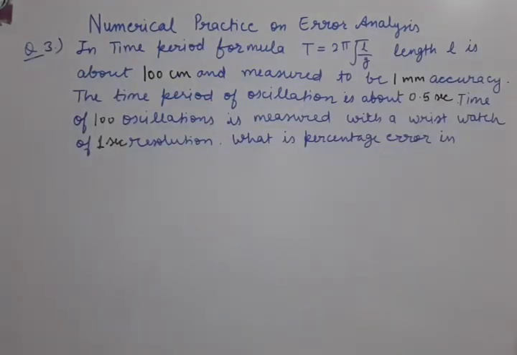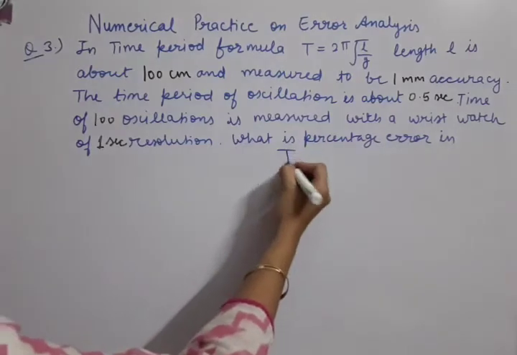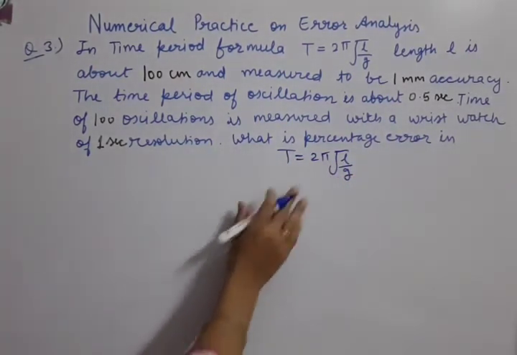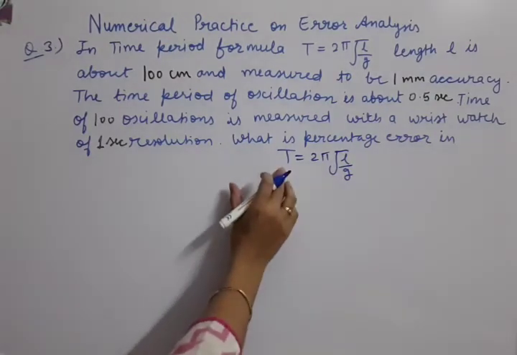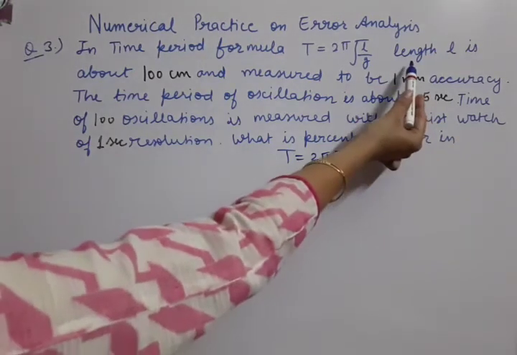It is a little tricky question. Let us understand. Time period T formula is given as 2 pi root L by g. This is the simple pendulum time period formula. L means length of pendulum. Now data are given.